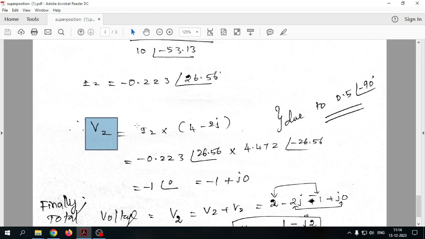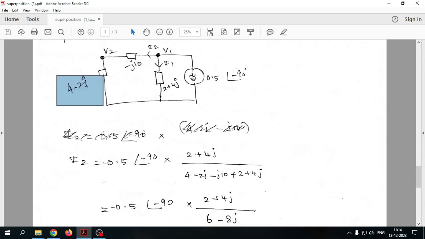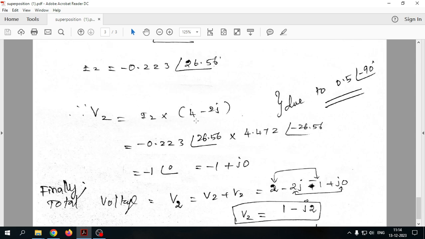And to get the voltage V2, this is actually V1, across this will be I into the impedance value. The I2 value is here, and the polar form of this is given here, and after multiplication and addition of the angles, that leads to minus 1 plus J0.